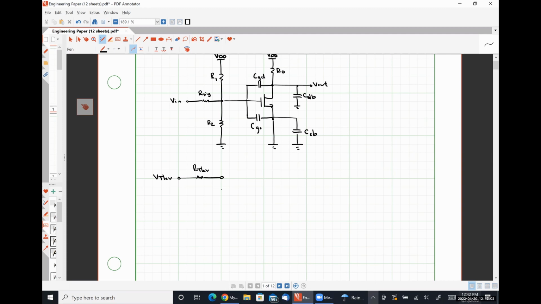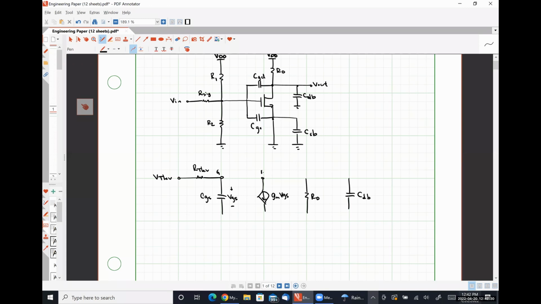And then at our gate terminal, we saw the capacitance CGS like so, over which a voltage drop VGS occurs. Over here at our drain, we had gm VGS in parallel with RD, in parallel with CDB.